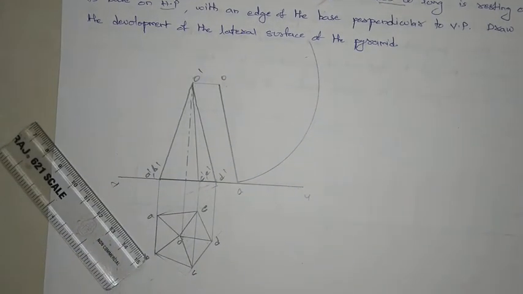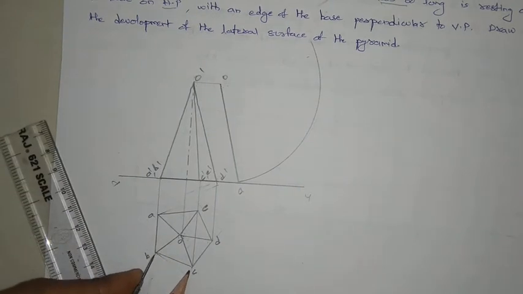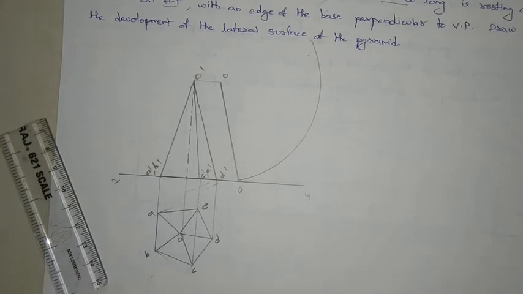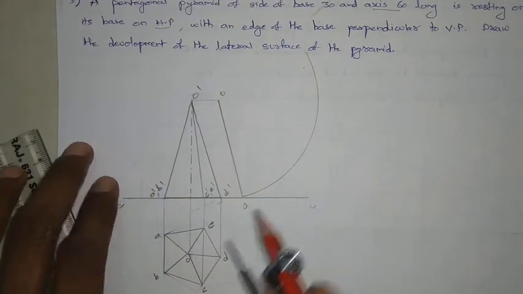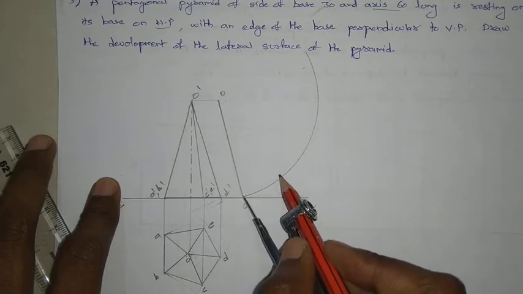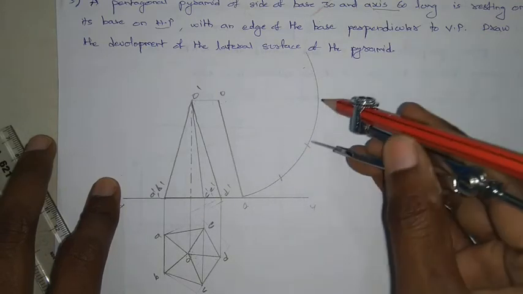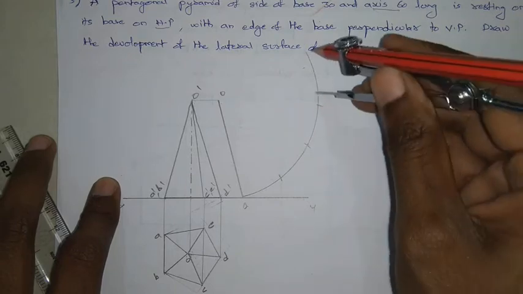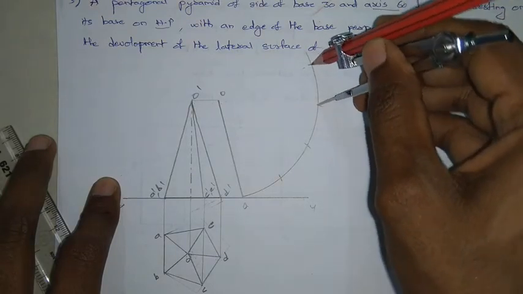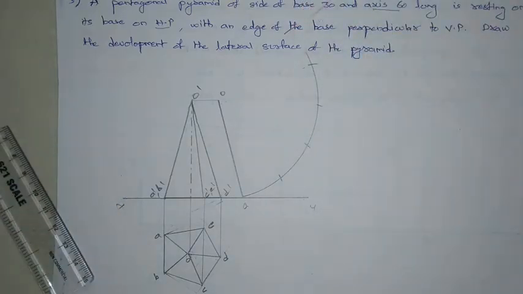Okay. Next, later on, take any base edge distance, this is, and we have 5 sides, 1 2 3 4 5. So we get like this: 1 2 3 4, and it is going into 5 like this.